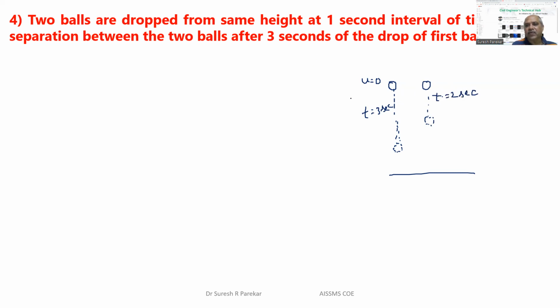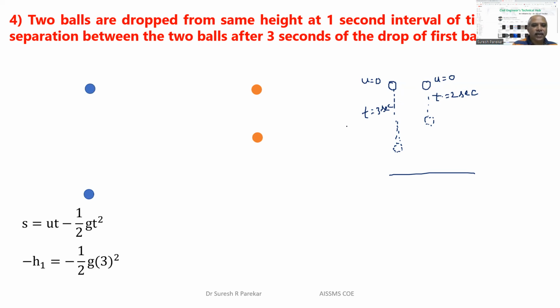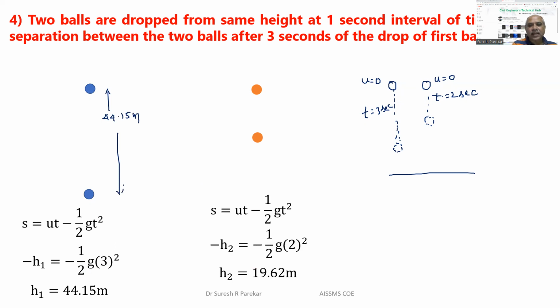We are interested to find the separation between the two. In both cases we have u equal to 0. So we have s equal to ut minus half g t square. T is 3, so we get minus h1 as half g into 3 square, and this value comes to 44.15 meters. This is the distance. Now the second ball travels only 2 seconds, and this value is 19.62 meters.